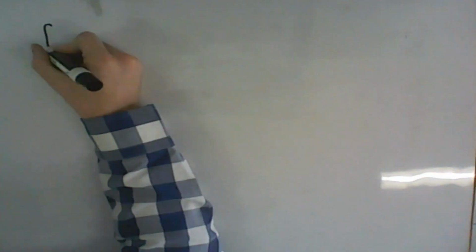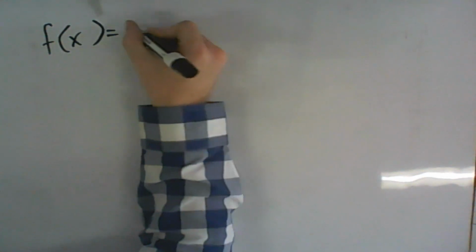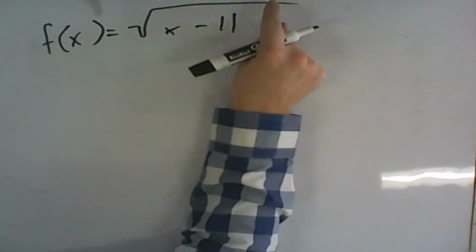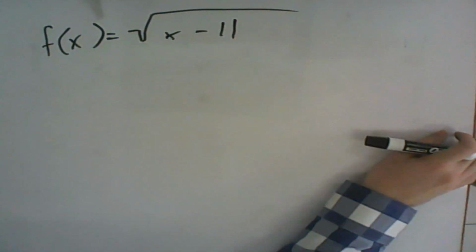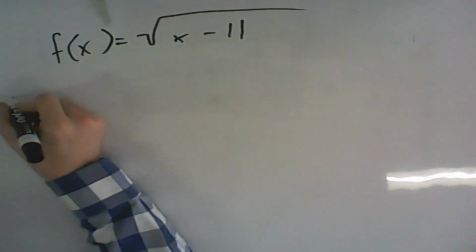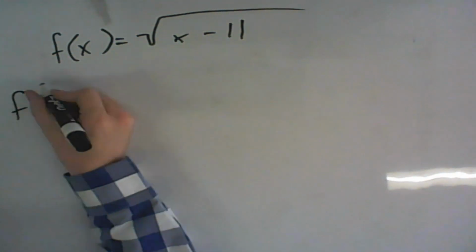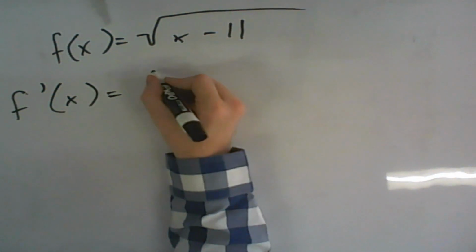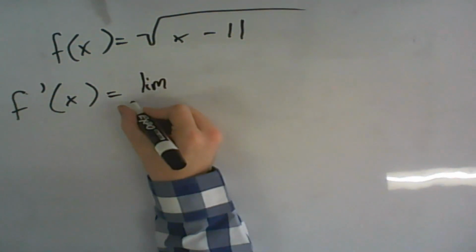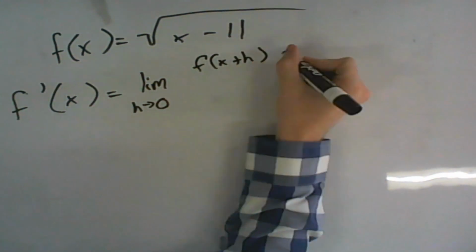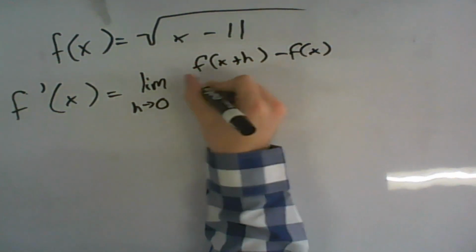So we're going to go over this one. It's not longer, it just takes a little bit of time. We're going to take the square root of this right here. I'm going to write this over here: f prime of x equals, and I'll write it once more, f of x plus h minus f of x over h.